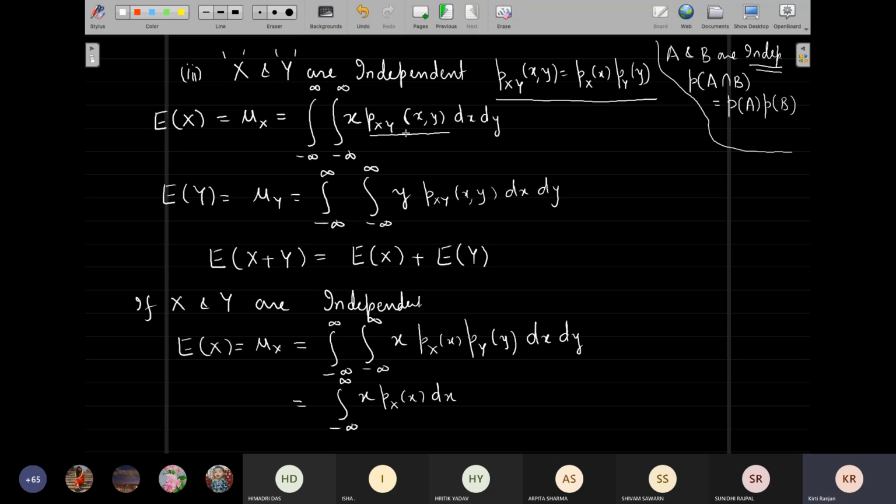However, if x and y are not independent, please ensure that you are using your expression properly. Okay, then you can write E[Y] also if x and y are independent. So I should somewhere mention here also independent. Okay, what will be E[Y] in that case? X and Y independent?